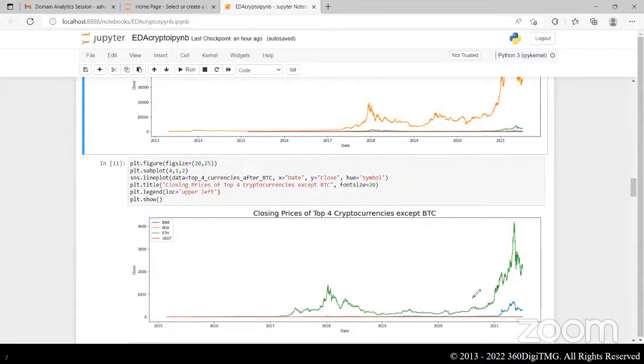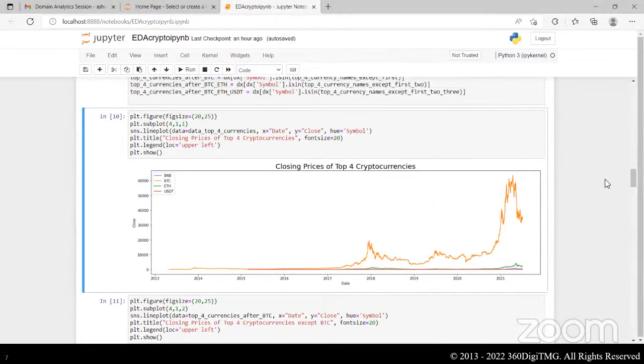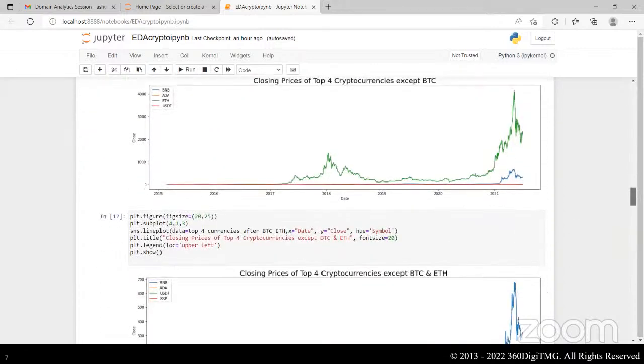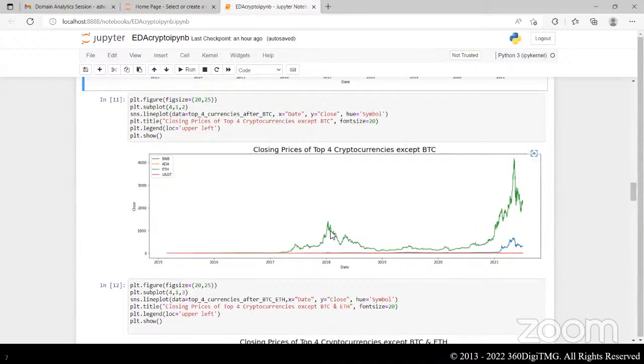So here, if you observe in this plot, besides Bitcoin, Ethereum was also having a very high closing price. Bitcoin is the highest, but besides Bitcoin, if we leave it, Ethereum is also high.